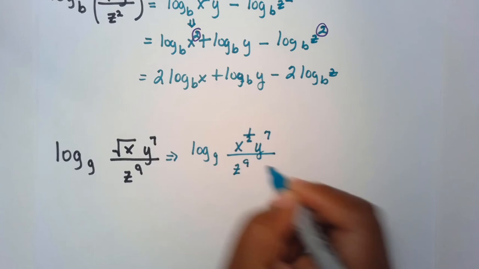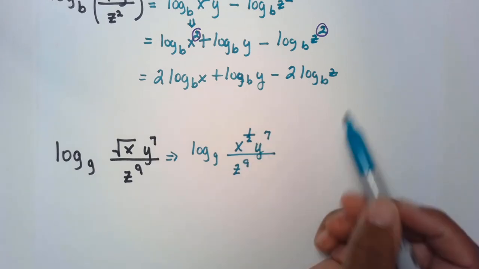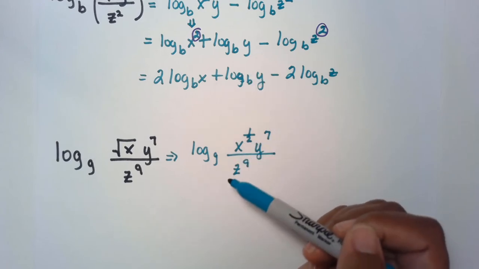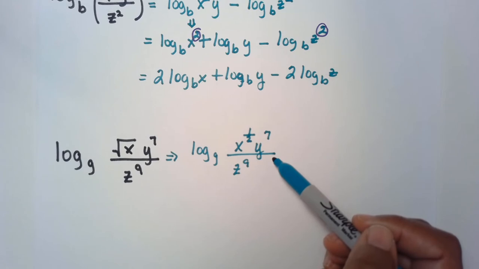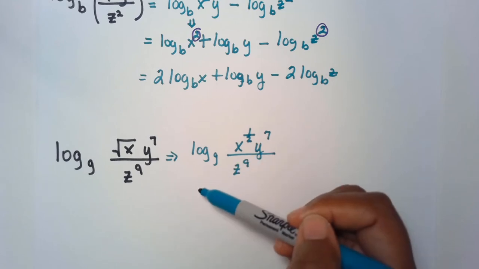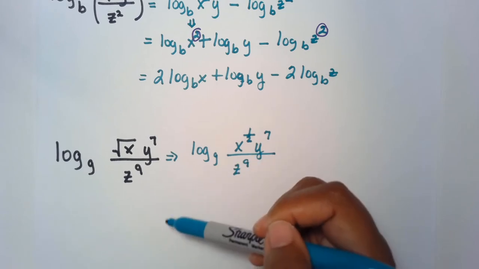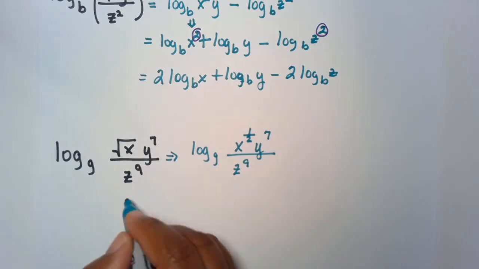Now that we've converted the radical to an exponent, we're going to follow the same steps as we did in the last example. We're going to use the quotient rule first, the product rule second, and the power rule third. So let's start. Quotient rule first.